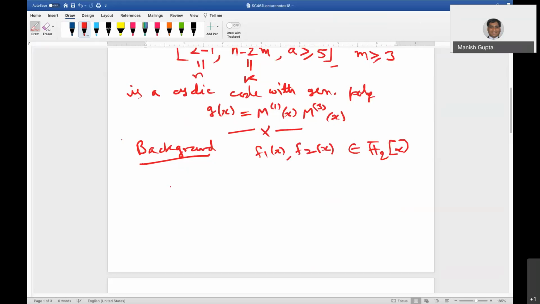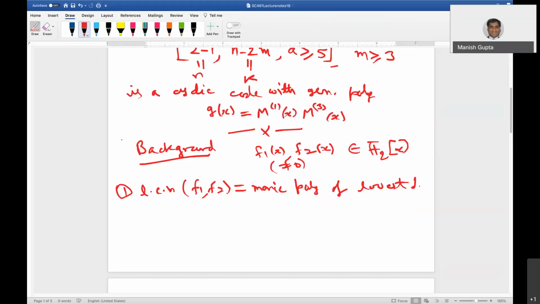Then we can define the LCM of f1 and f2 as the monic polynomial of lowest degree which is a multiple of both f1 and f2.